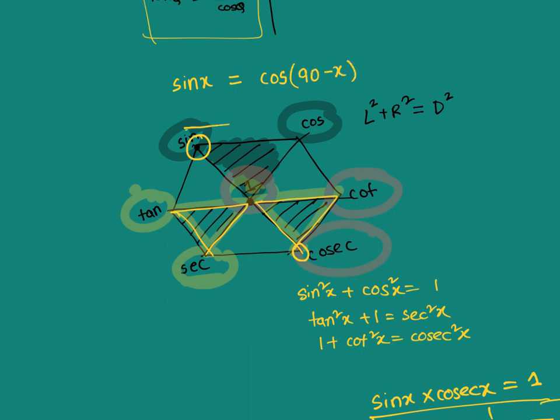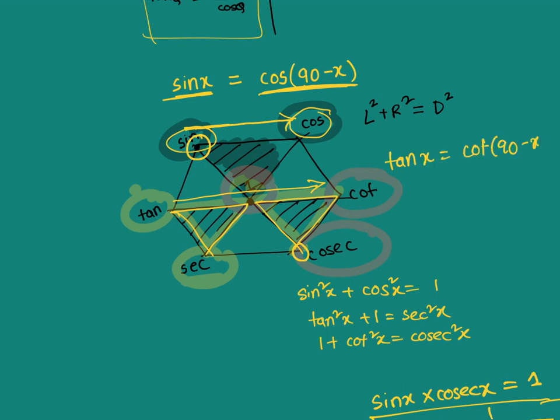So when I move like this horizontally, I have sine on the left and I have cos on the right. So I can write that sine x is equal to cosine 90 minus x. Similarly, I can consider this one, and you can write tan x is equal to cot 90 minus x. And you can also consider this one, and you can write sec x is equal to cosec 90 minus x.